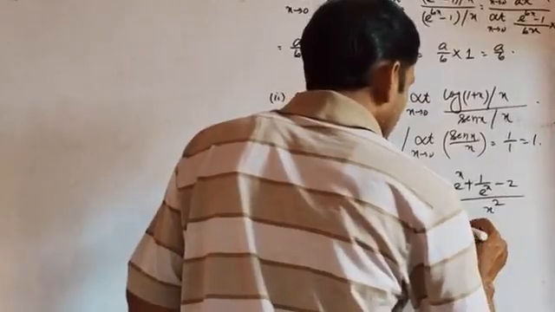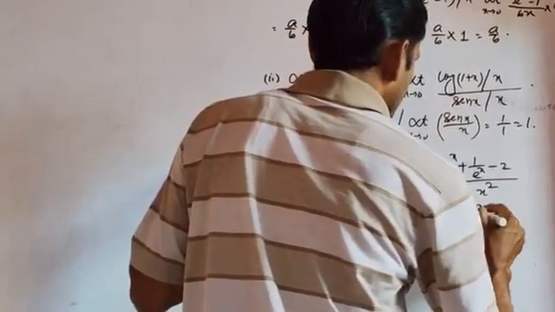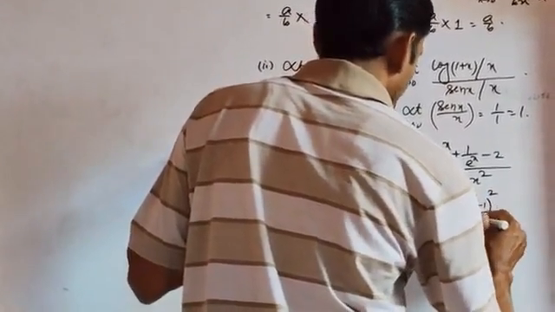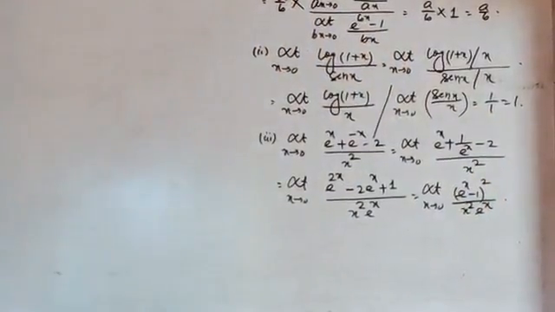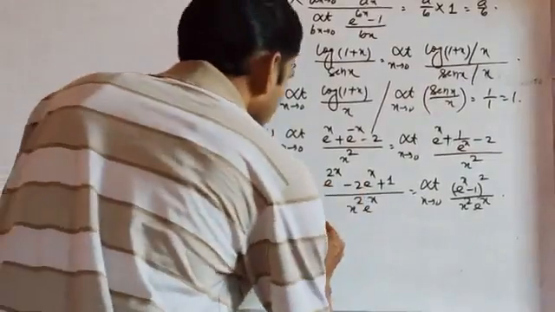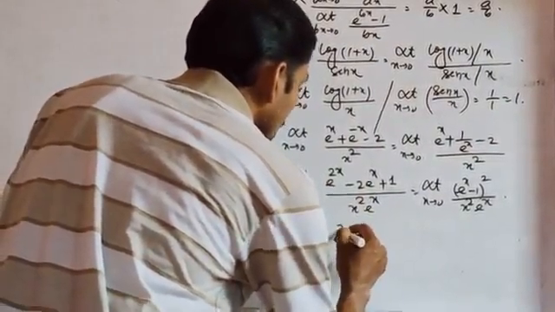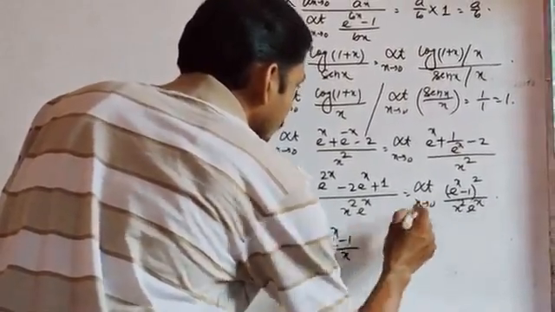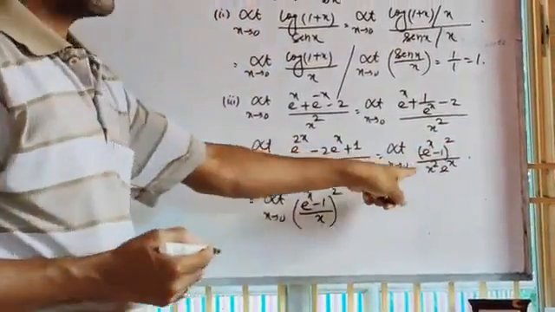So you can write it as limit x tends to 0, (e to the power x minus 1) whole square by x square into e to the power x. Now you can write it as limit x tends to 0, e to the power x minus 1 by x, your square is there and your x square.